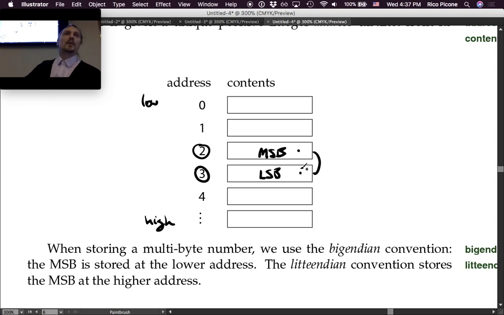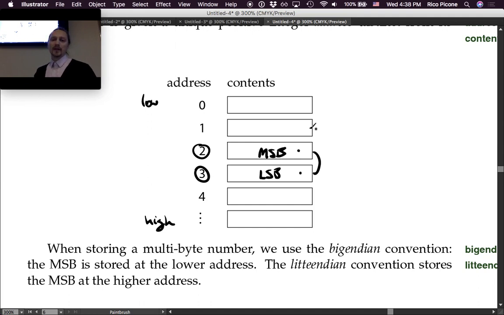We need to know which one is the first byte associated with that number. So you have to either have the convention that it goes from low address to high address, which is the big endian convention, or that it goes from high address to low address, which is the little endian convention. We're going to be using the big endian convention, but people do use the other one too.